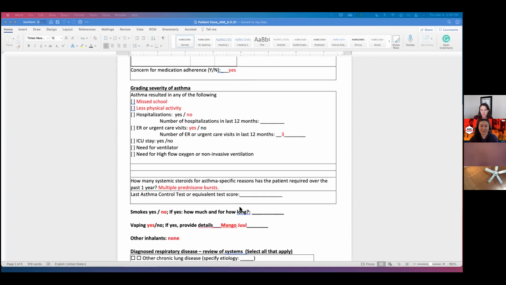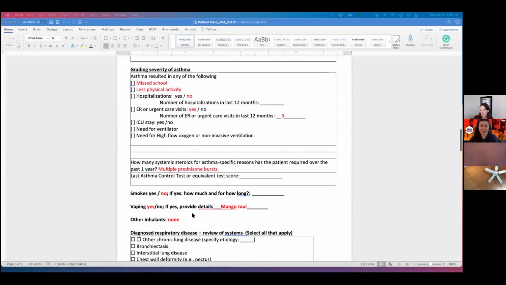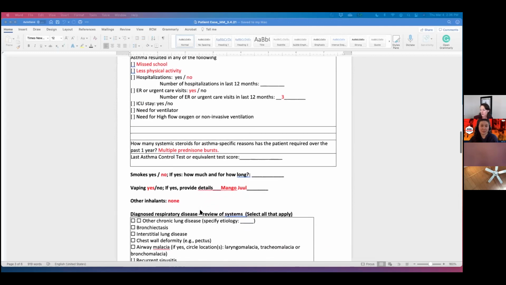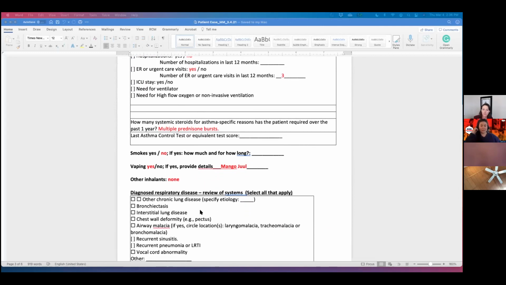She did not smoke cigarettes, but she did vape, and she had picked up Mango Juul recently, and by the time I saw her, was juuling a pod a day, and really felt like it would be very hard for her to quit this. She didn't smoke anything else. She didn't smoke marijuana, and she didn't use any drugs.